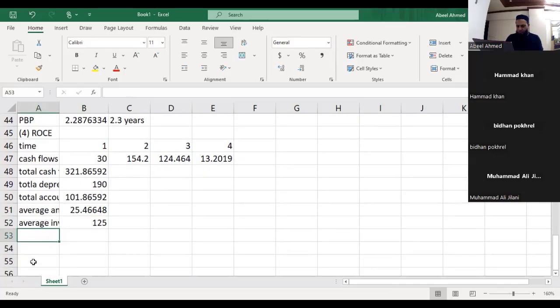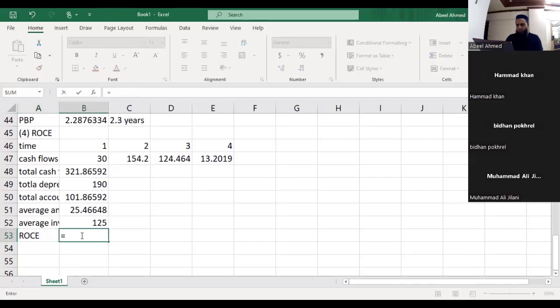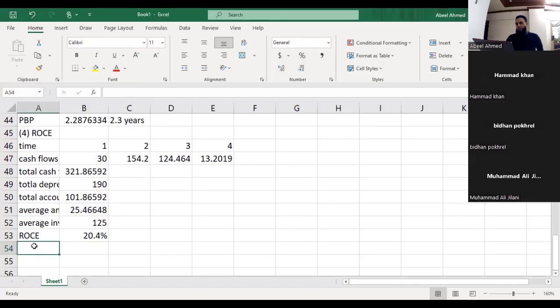Here comes ROCE. So we are getting 20.4%. Return on capital employed, we are getting 20.4%. I hope this calculation is clear to everyone. Yes or no? Everyone is okay with this calculation?